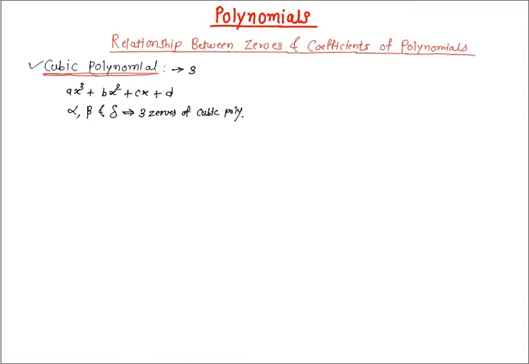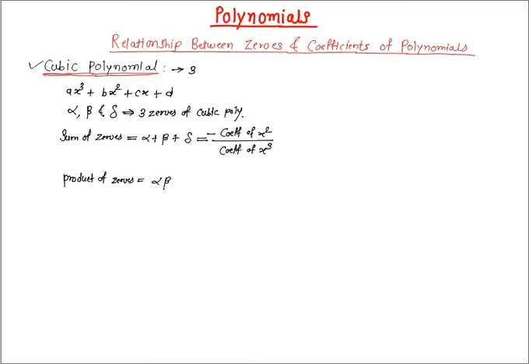You will find that the sum of zeros, that is alpha plus beta plus gamma, equals minus of coefficient of x square divided by coefficient of x cube. Similarly, the product of zeros, that is alpha beta gamma, equals minus of constant divided by coefficient of x cube.